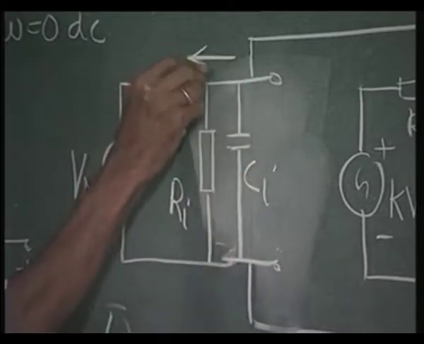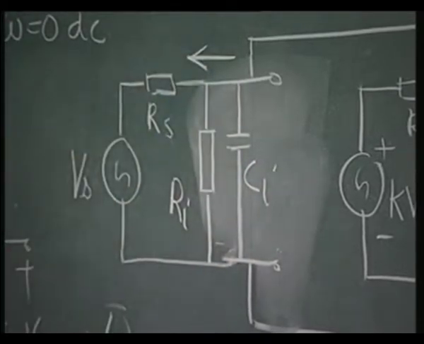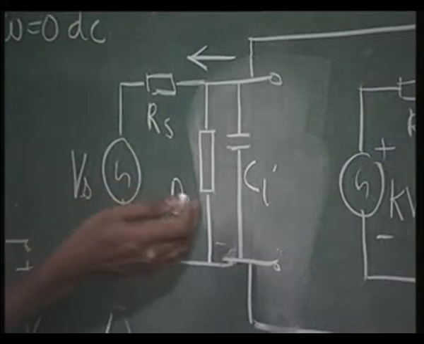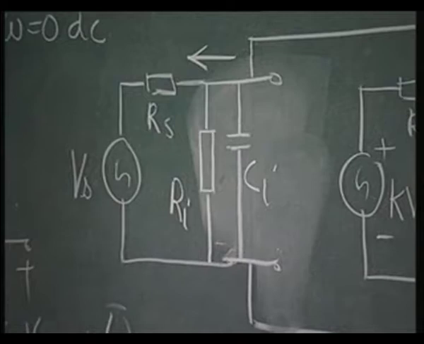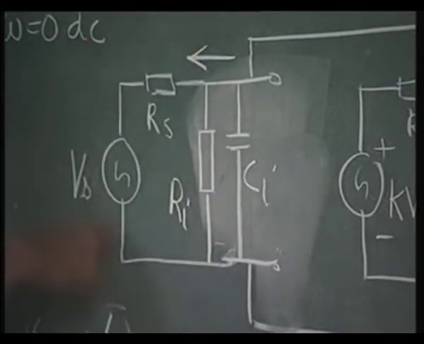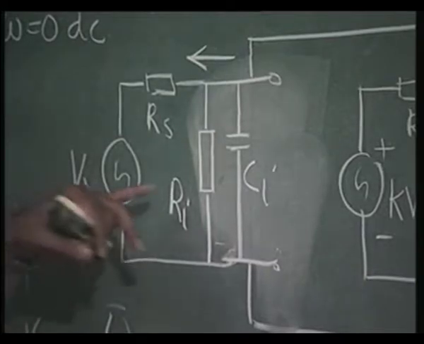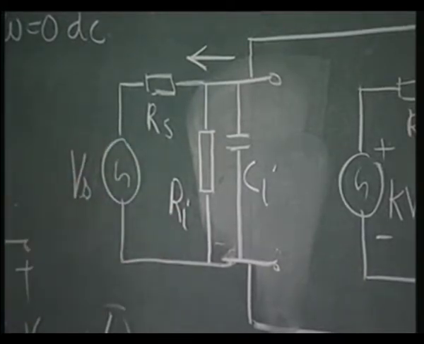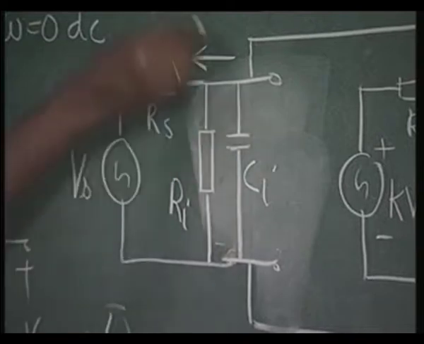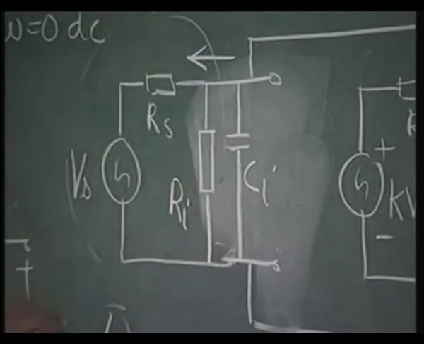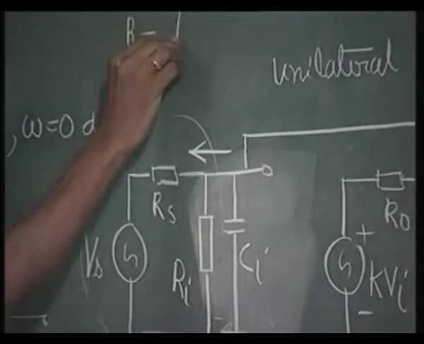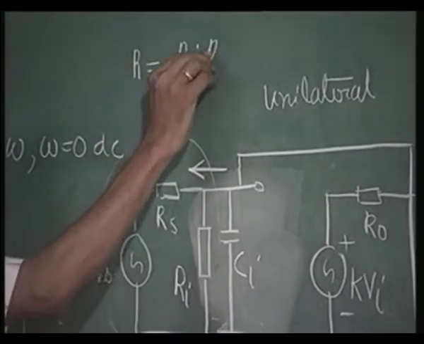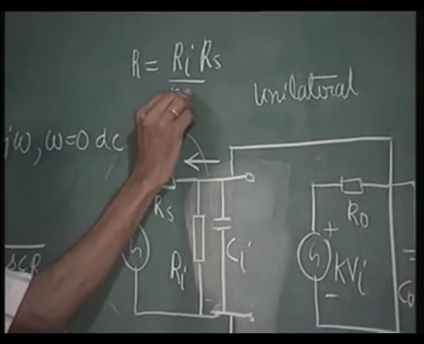So, look at this from this side, this circuit remains the same, I have not changed anything. Instead of putting Ci this side, I put Ci this side, and this Ri I am making part of the input. So, this is a new voltage source now, which has Ri, Rs and Vs in this arrangement. That means I can put down the Thevenin's equivalent for this. The Thevenin's resistance is R equal to Ri Rs by Ri plus Rs.